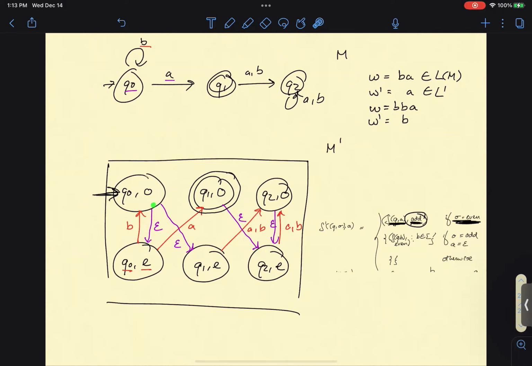So this didn't work because you simulated the epsilon and then you did B. It looks like I don't accept B. I'm confused because this is an L, so what I would need to be in L prime is the B, no?